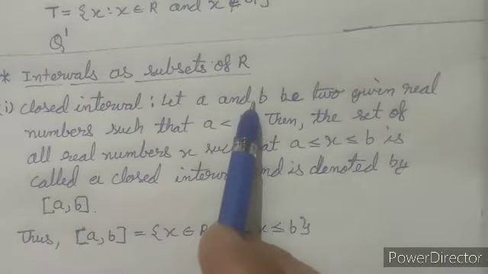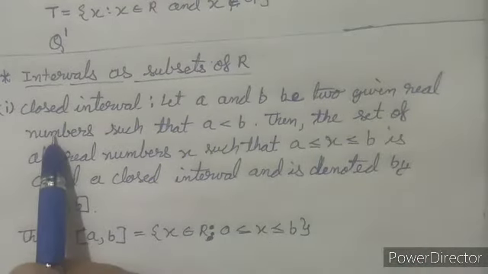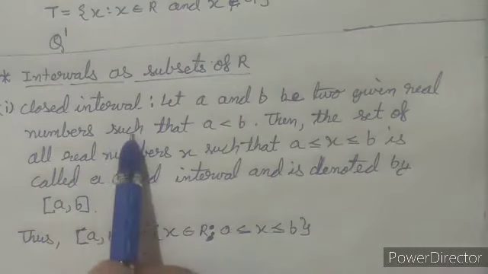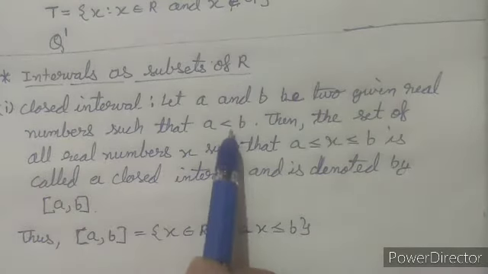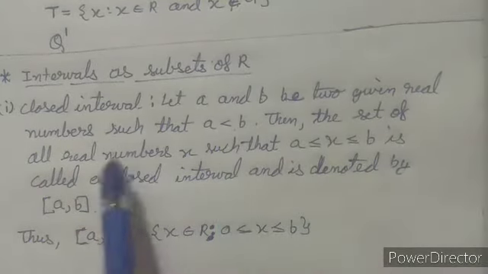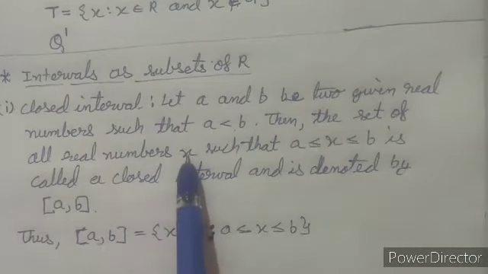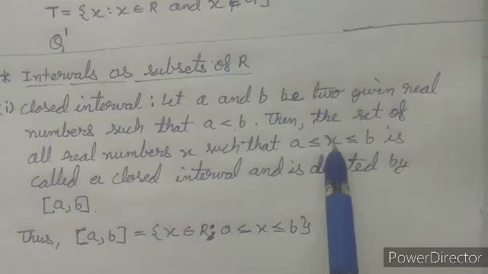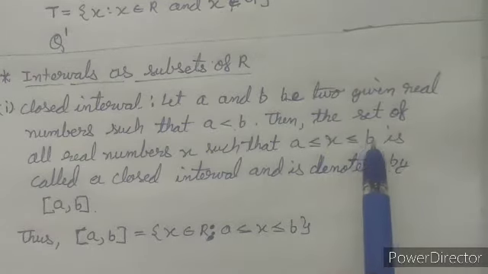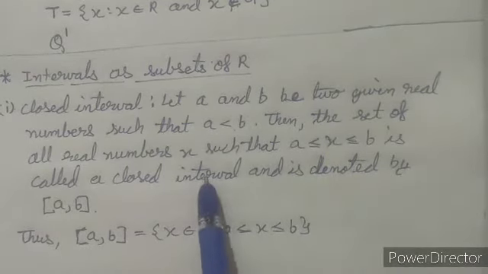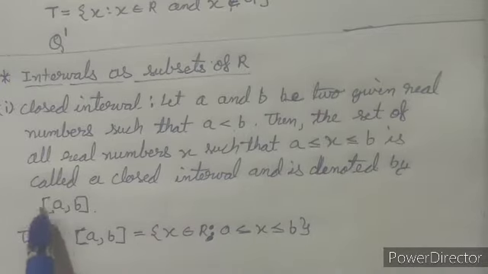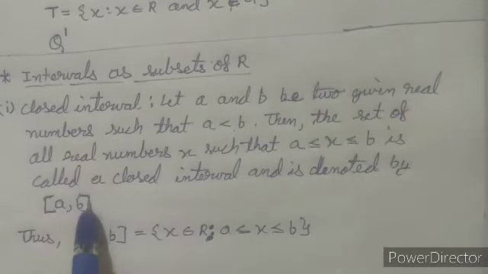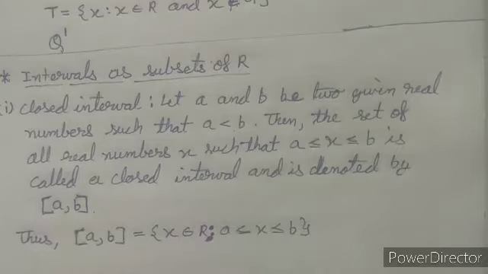Let a and b be two given real numbers such that a is less than b. Then the set of all real numbers x such that a is less than or equal to x and x is less than or equal to b is called a closed interval and is denoted by [a, b].